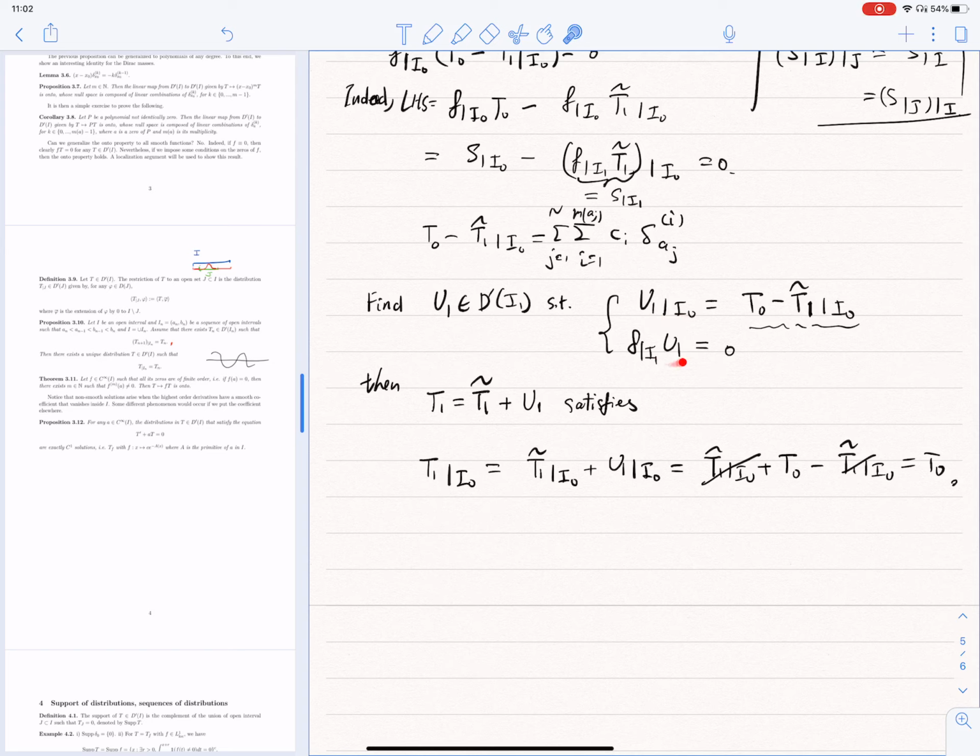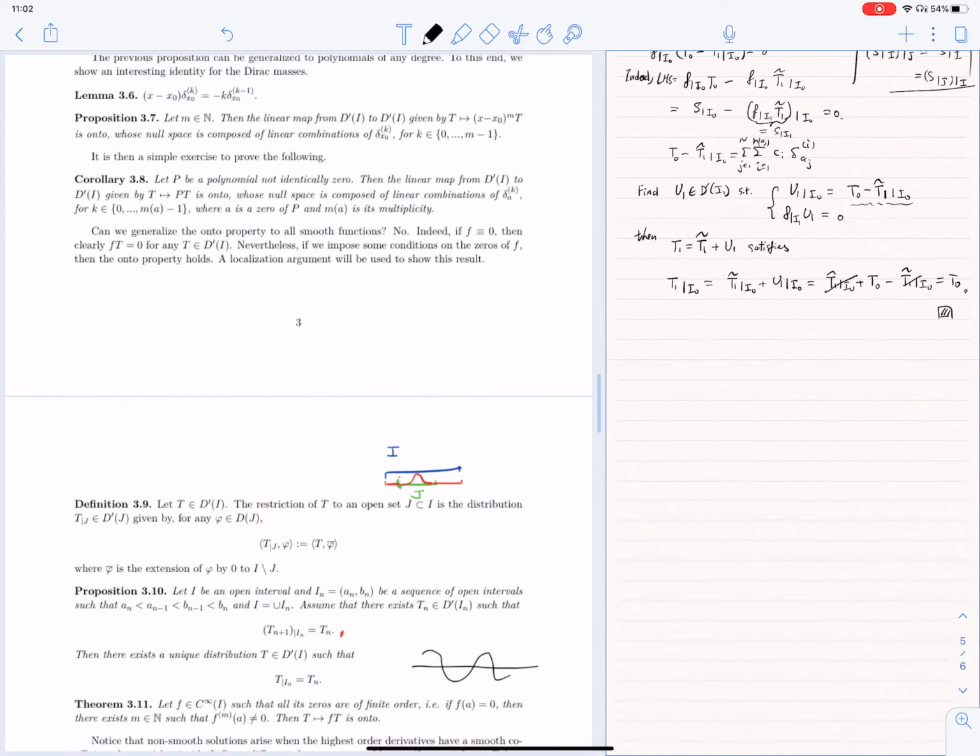This is a linear combination of exactly this kind of term plus some other Dirac masses which correspond to zeros outside of the interval I naught. Then we're done, because when we do the restriction, we can throw away those Dirac masses outside of I naught, and we get back exactly this one. So the proof is finally done.